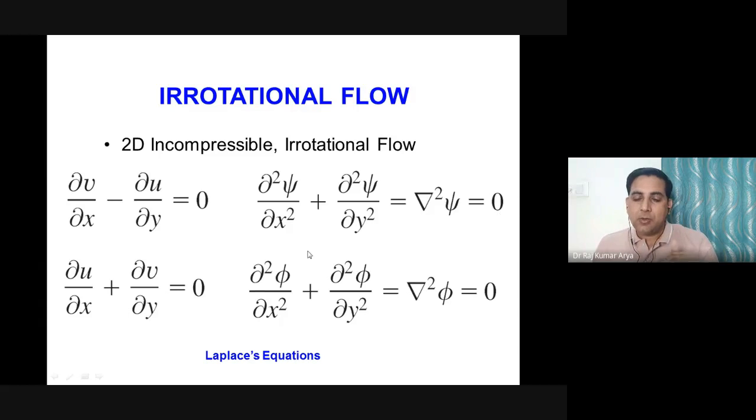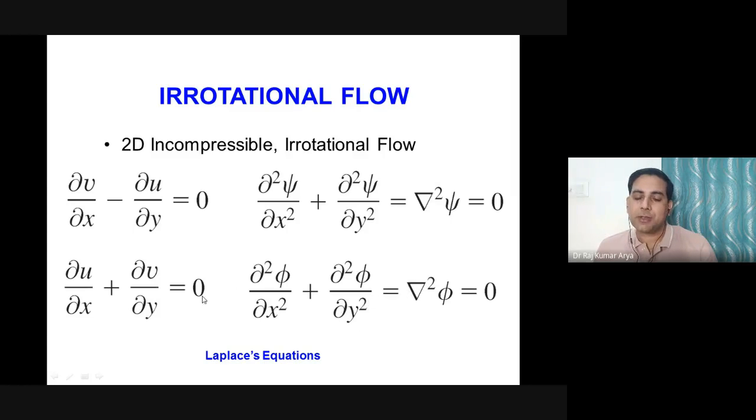Now let's see the continuity part. For continuity we have the velocity in terms of the velocity potential: u is minus del phi upon del x, and v is minus del phi upon del y. Substitute here. You get minus del square phi upon del x square and minus del square phi upon del y square.